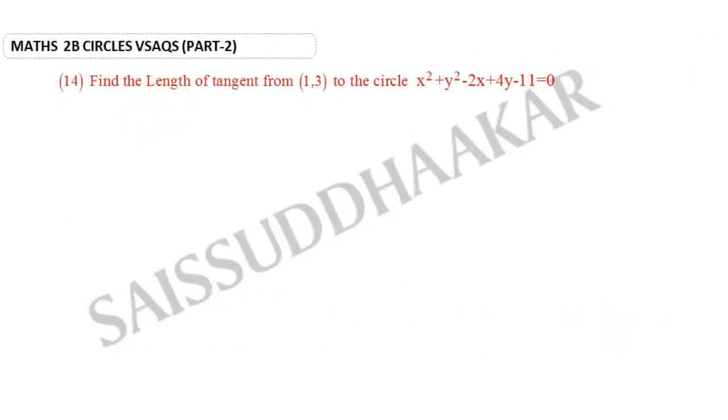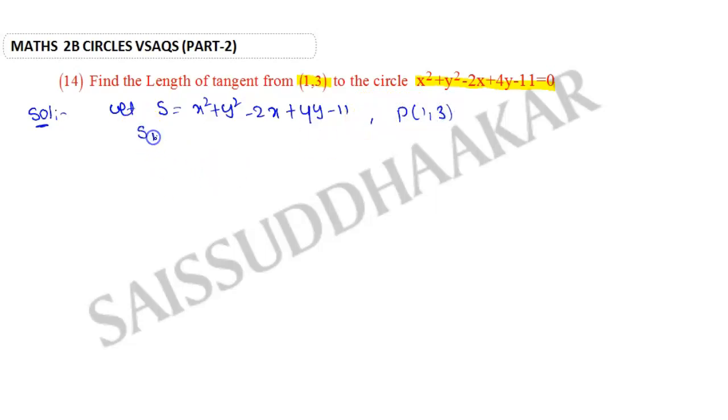The question is like this: find the length of the tangent from point (1, 3) to the circle x² + y² - 2x + 4y - 11 = 0. For this condition, again I need to find S11 only. Let S = x² + y² - 2x + 4y - 11. The point is given as P(1, 3).